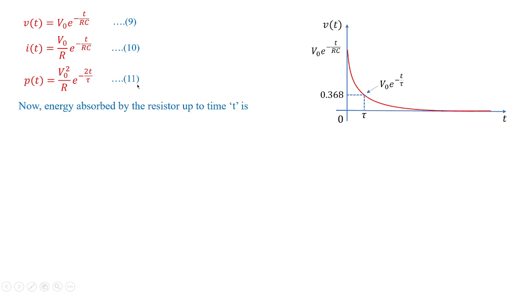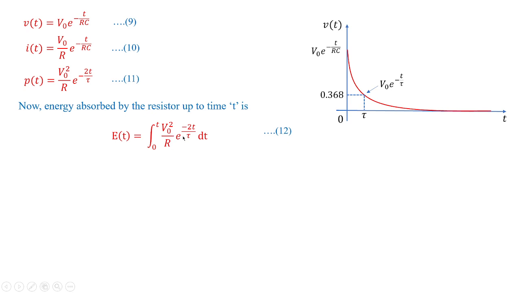Now the energy absorbed by the resistor up to time t is obtained by taking equation 11 and integrating from the initial condition to t. This is what we are doing here.